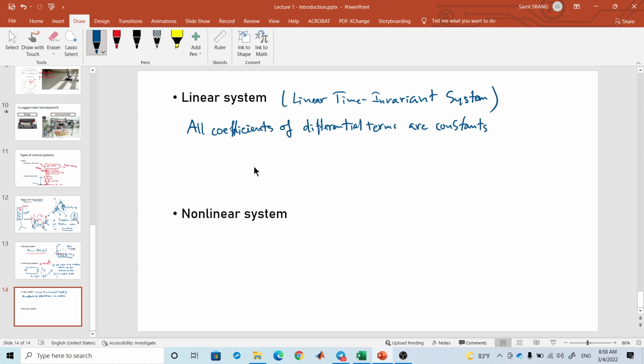For example, I just gave you an RC circuit, VC dot plus 1 over RC VC equal to U. You see, the coefficient here is 1, constant, and 1 over RC is constant if R and C are constant. And 1 over RC times U. This is the RC circuit.